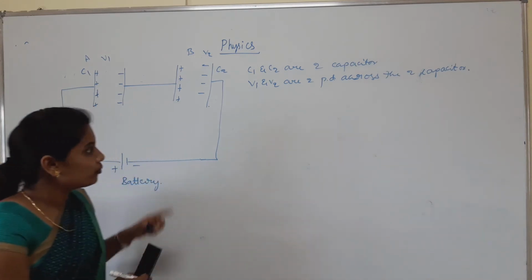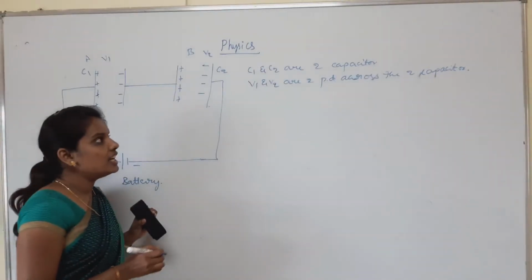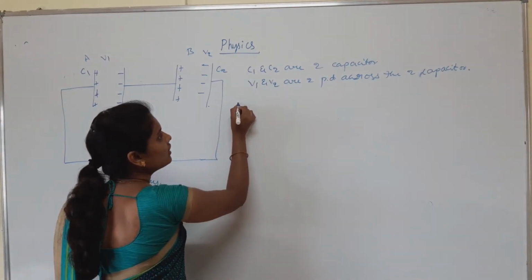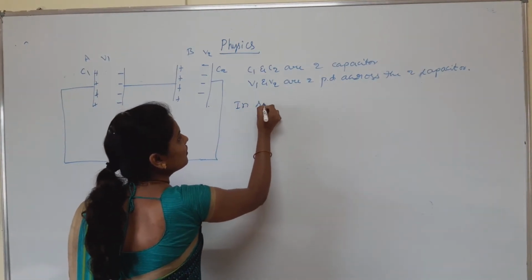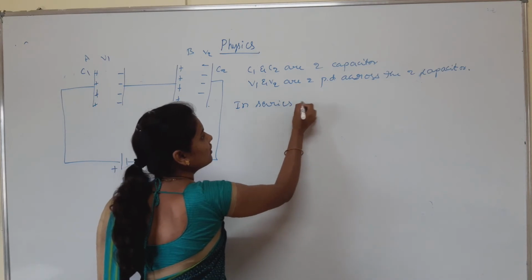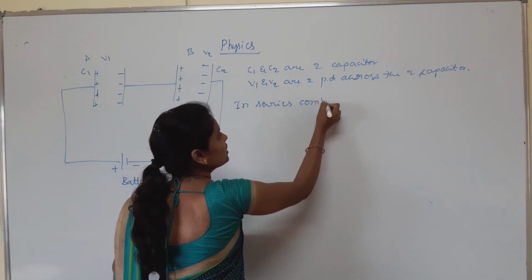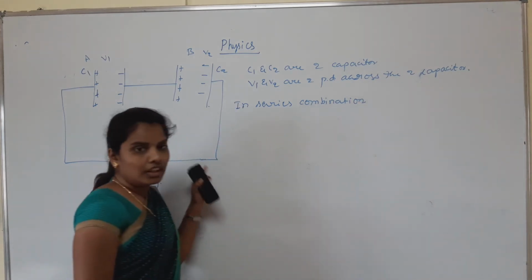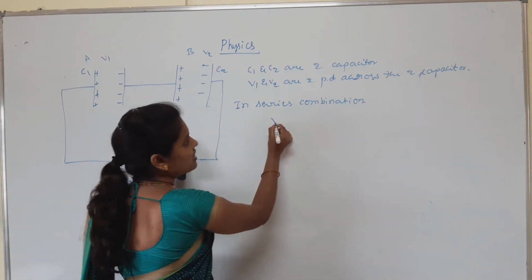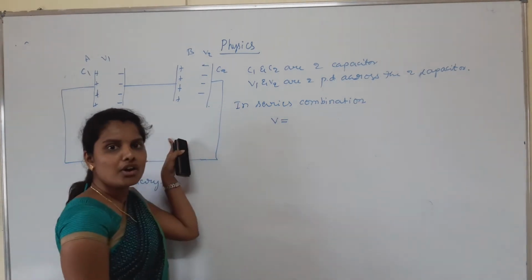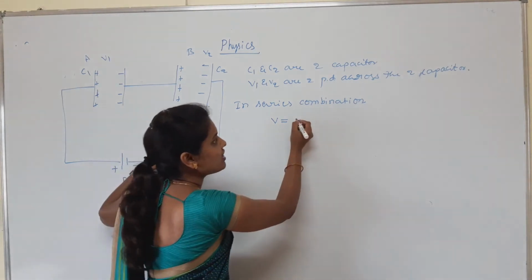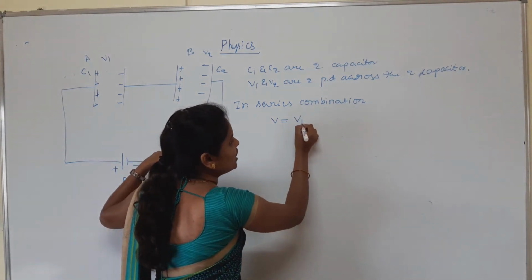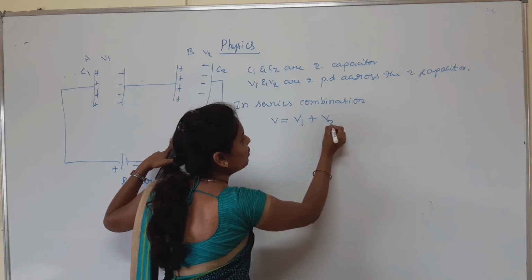In the series combination, the total potential difference is equal to the sum of the individual potential differences, V1 and V2.